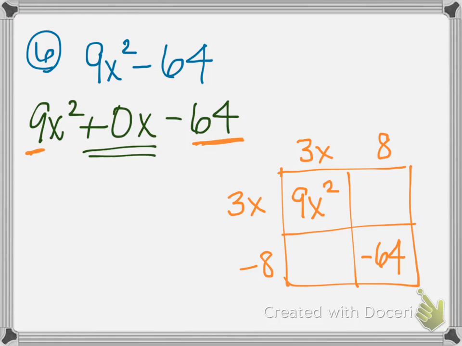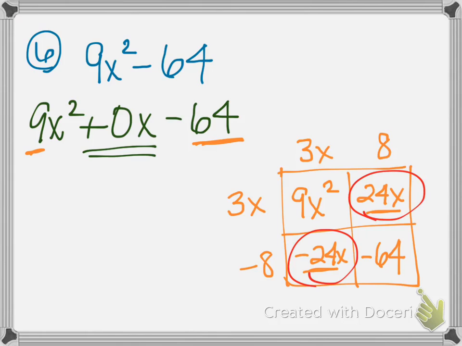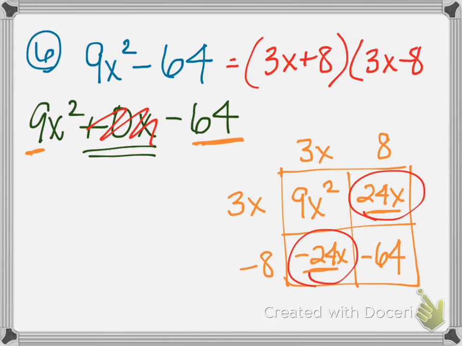And now, of course, we want to check and make sure that what we've done actually works out. So if we fill in these other boxes, 8 times 3x is 24x, and negative 8 times 3x is negative 24x. And there's what I was talking about, where these two terms cancel to give you this 0x, which is why it's not written in the first place. So this factors to 3x plus 8 and 3x minus 8.